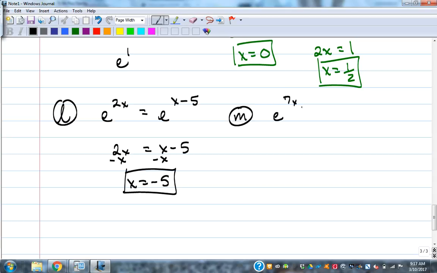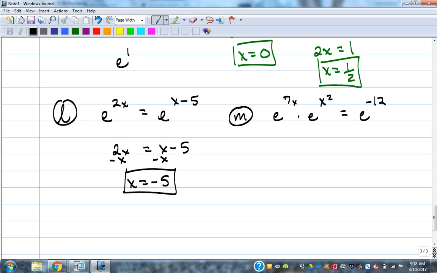E to the 7x times e to the x squared equals e to the negative 12. Got to remember some exponent rules here, because the bases are the same on the left-hand side. So what does that mean you do with those exponents? You add them because they're multiplying.